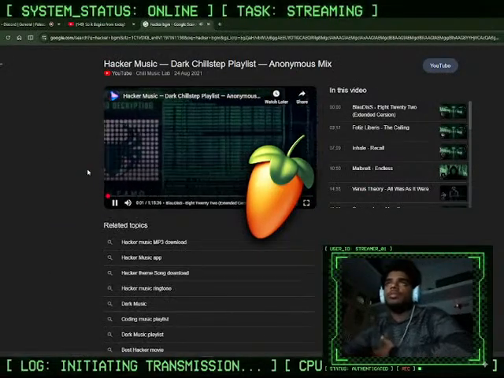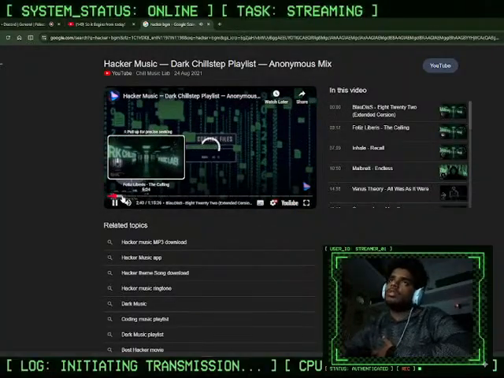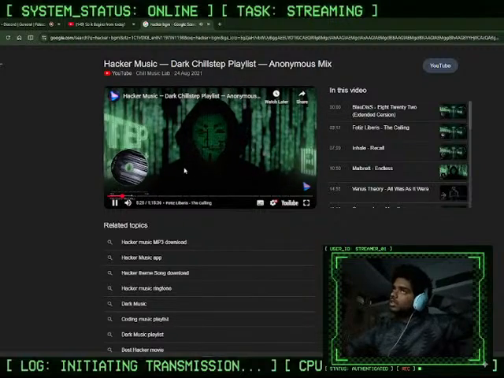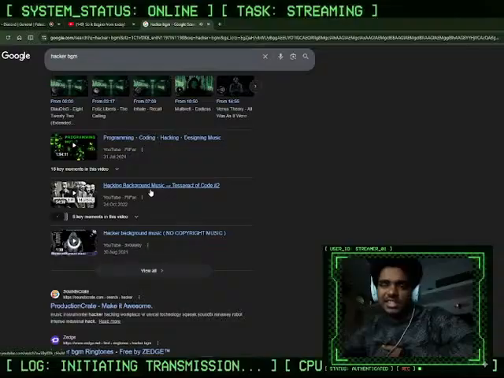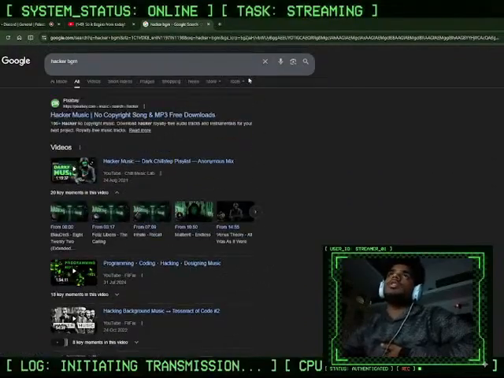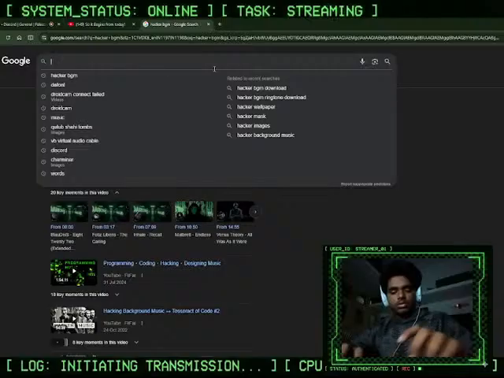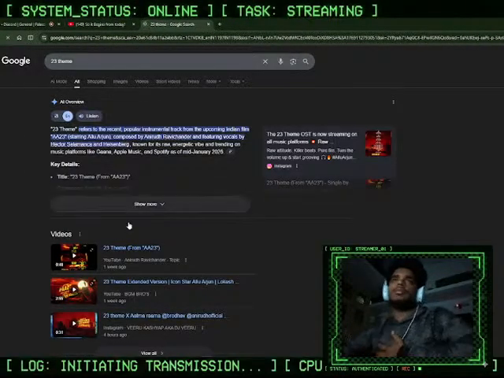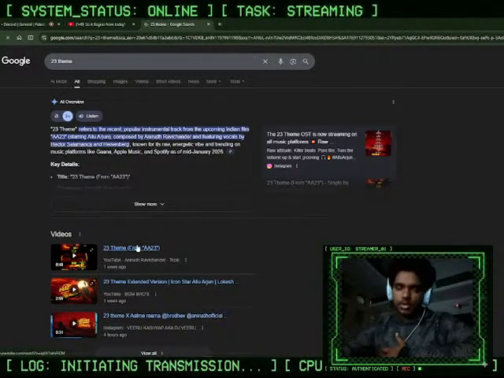These are very chill. We don't need something else. Now I need something that Anirudh did with this song, 23 themes.